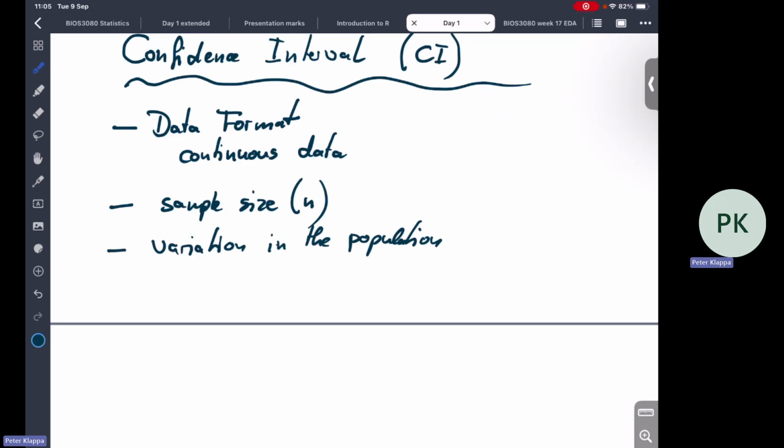Let's assume everybody is of the same height. Every apprentice is exactly 175 centimeters tall. So there is no variability in the population. Then of course I can say the true population mean is, I just simply take a sample, and everybody in this sample will be 175 centimeters, because that's the population.